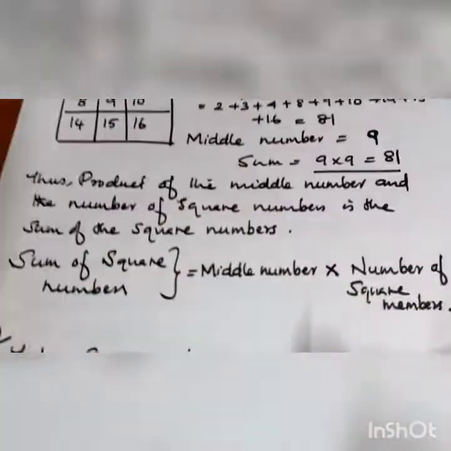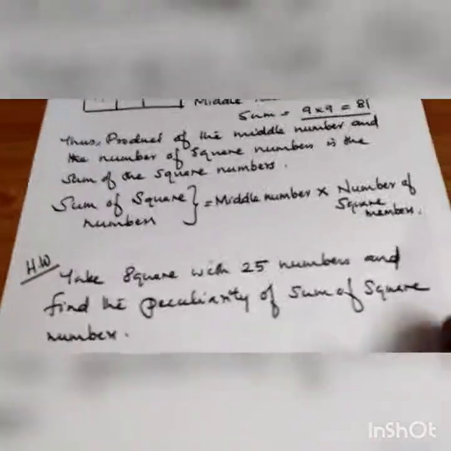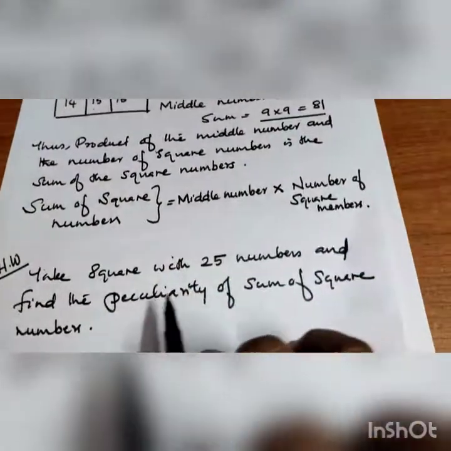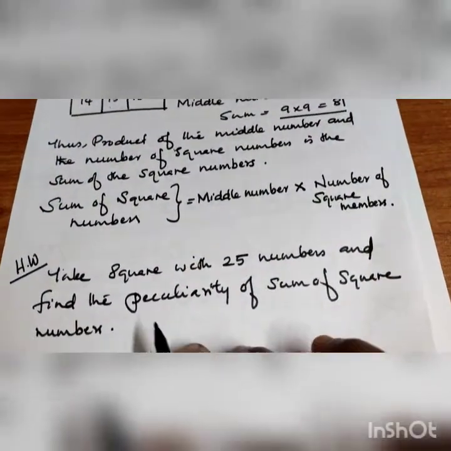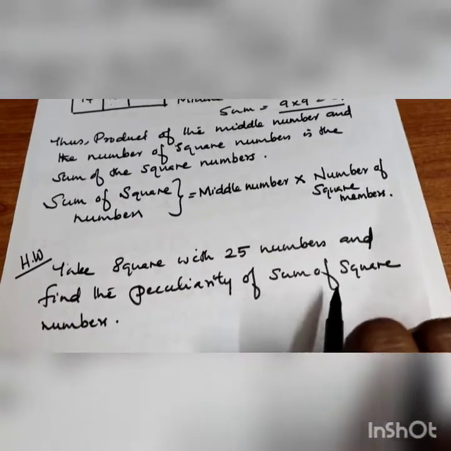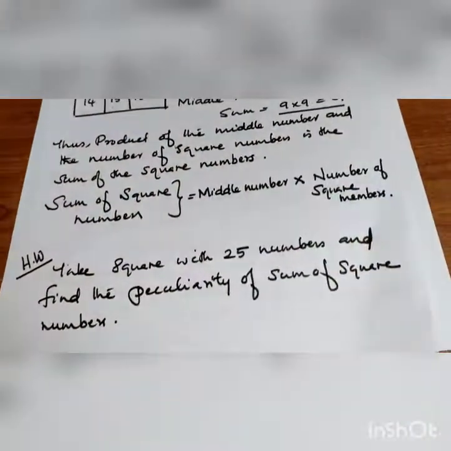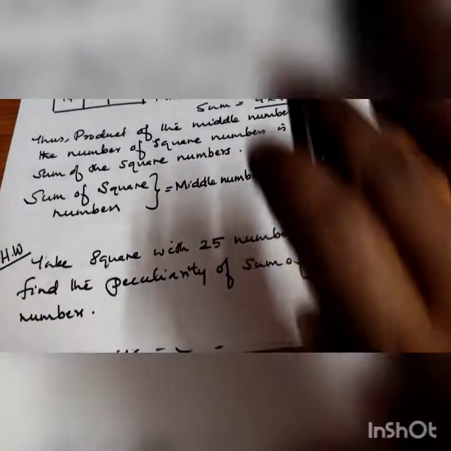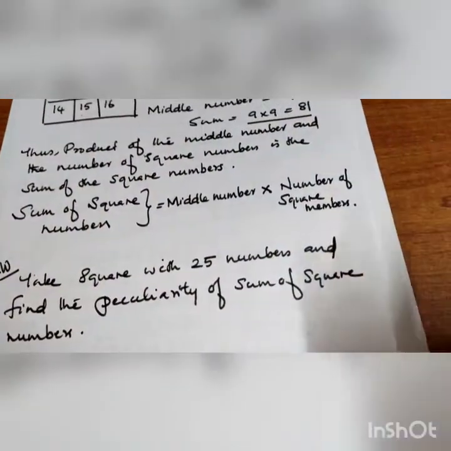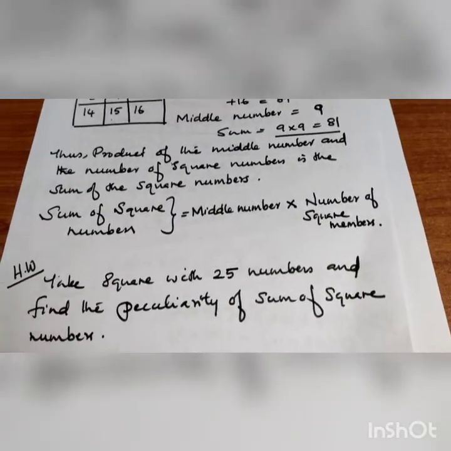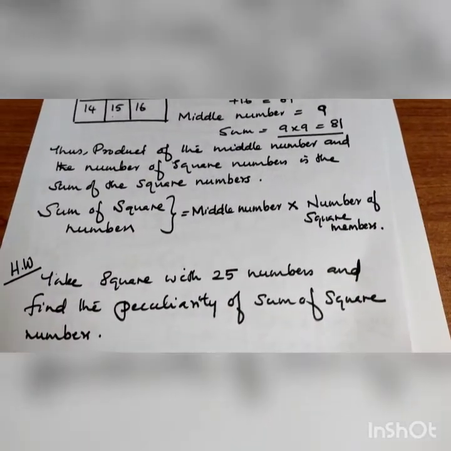Then you have a duty: test this property in squares with 25 numbers and find the peculiarity of the sum of square numbers. Among the square numbers with 25 numbers, find the middle number and multiply the middle number with 25.